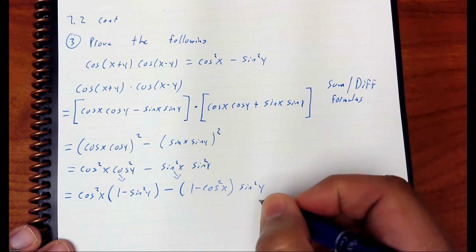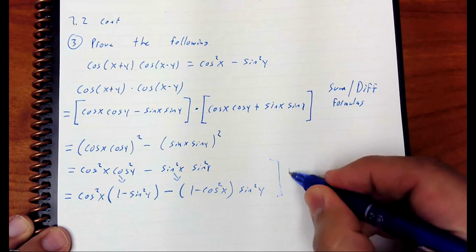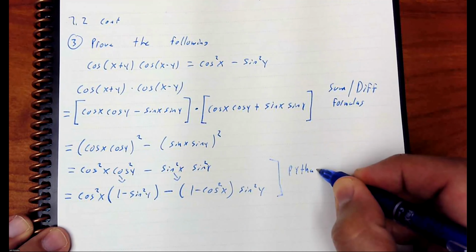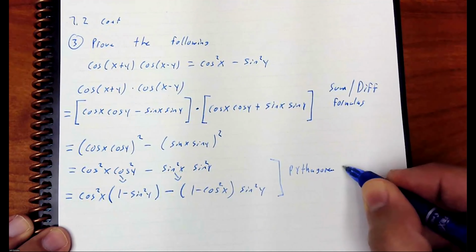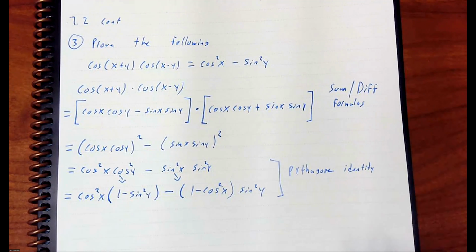You see what I did? From here to here, we applied Pythagorean twice. So I change cosine squared into this, sine squared x.